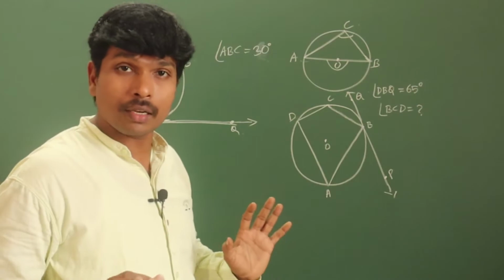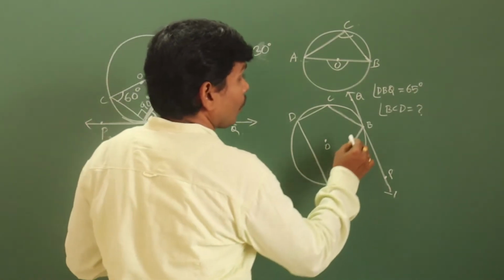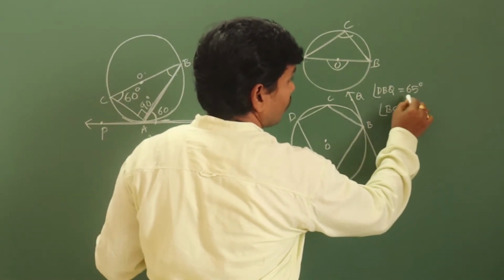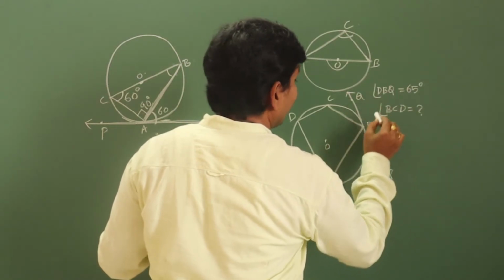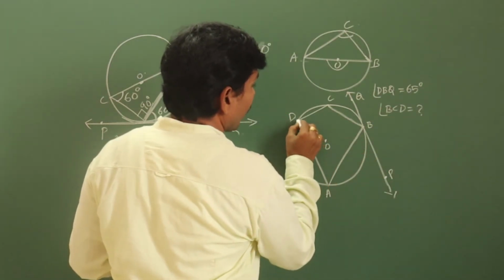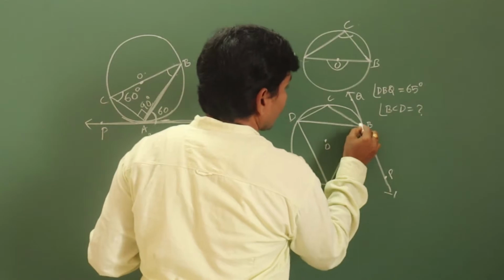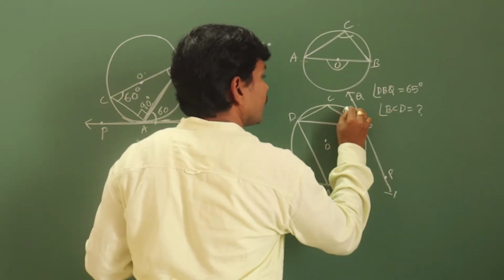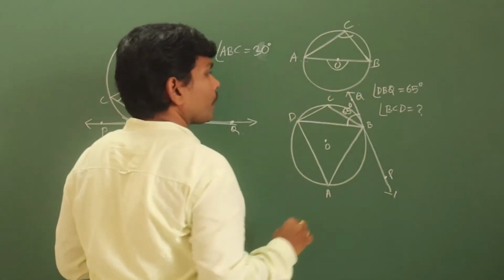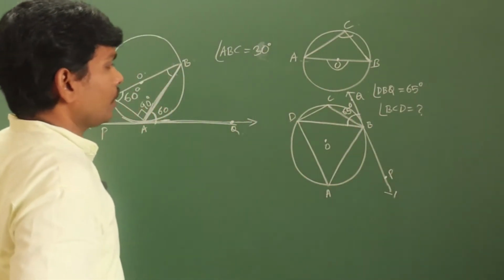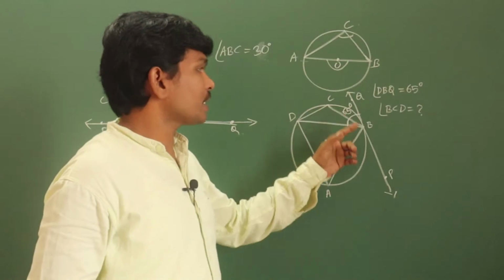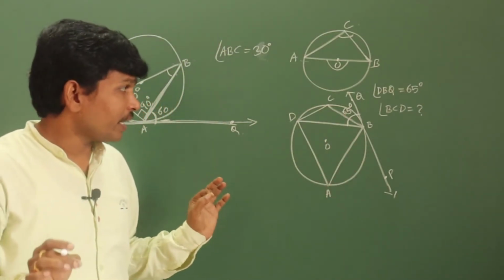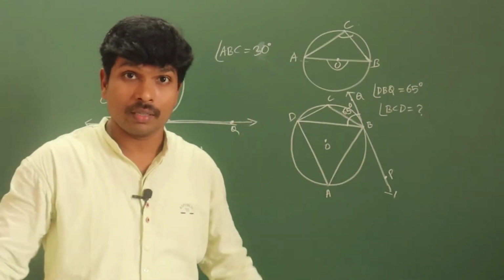And one more statement is given. Observe here, angle DBQ is 65 degrees. Now you have to find angle BCD. Very, very easy problem.